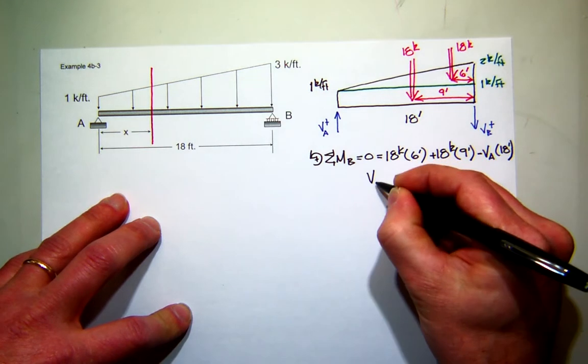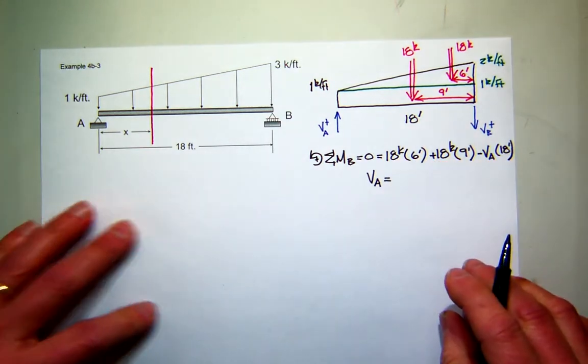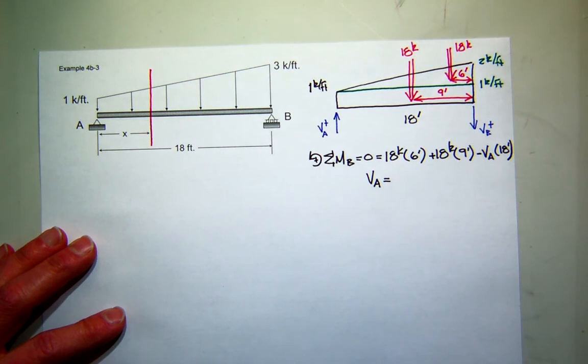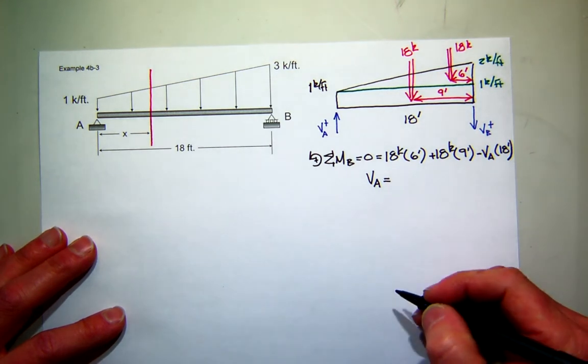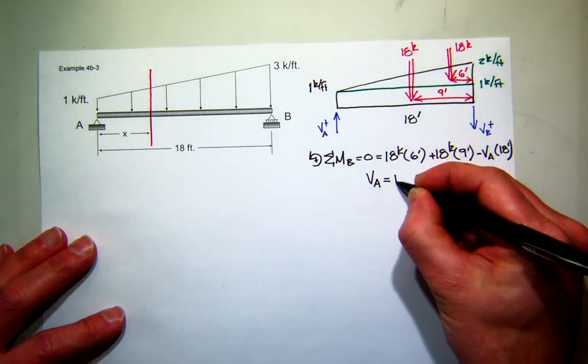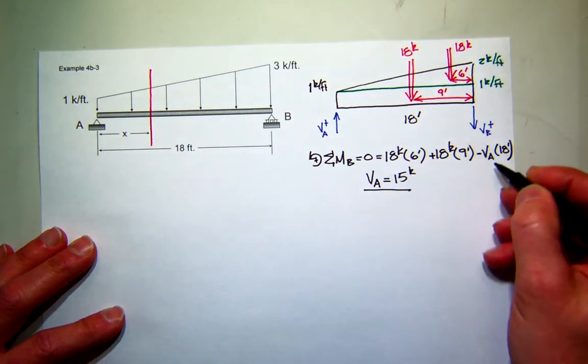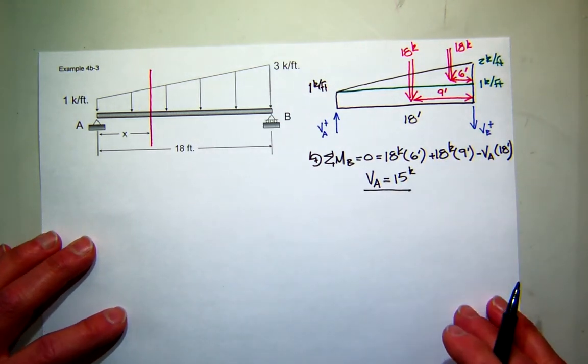So what is my shear at A equal to? Looks like 15. Is that okay? That one just worked out very nicely. All the 18s cancel, and you just get 6 plus 9.